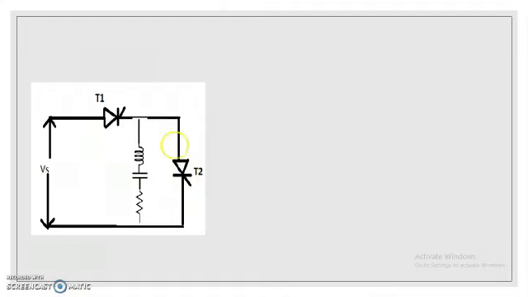The value of these three elements has to be selected in such a way that it satisfies the condition of underdamped oscillation, that is R square is less than 4L by C. Let IS be the source current, IL be the load current.